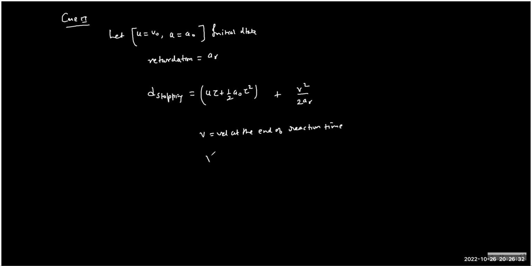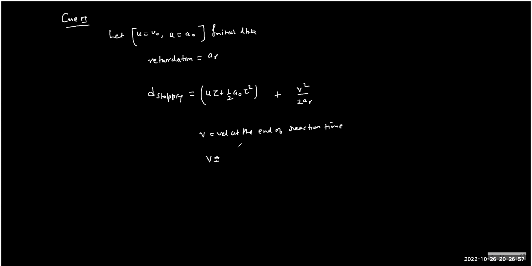So what will be the V value, guys? How to find V? Which kinematic equation do we need to use? U plus A T. So what is U for this duration?